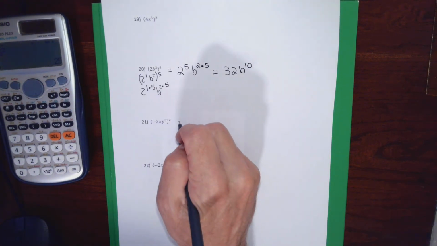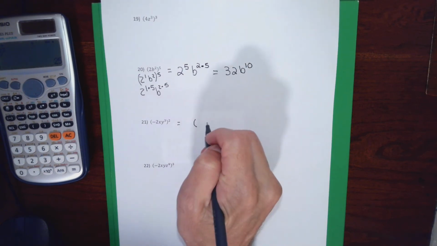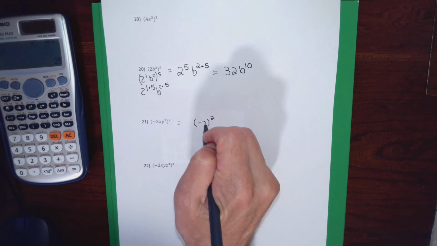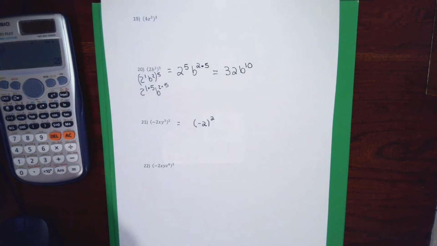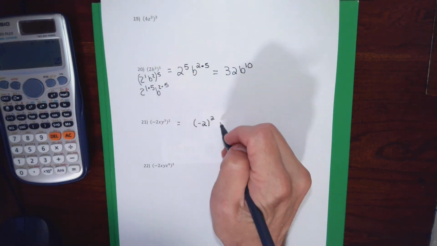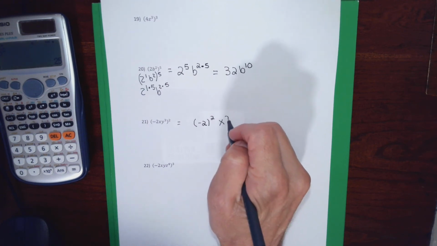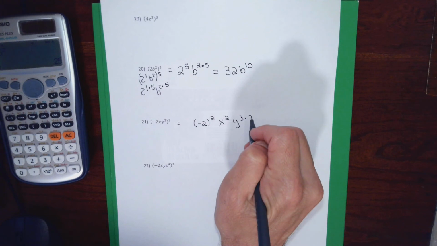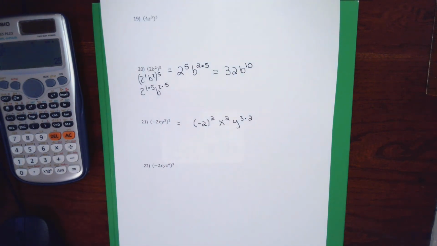In 21, I'm going to attach the exponent to the -2, and I'm going to leave the -2 in parentheses. I'm going to attach the exponent to the x, and I'm going to multiply the exponent of the y. So attach to any number or letter that doesn't have an exponent, multiply by any number or letter that does have an exponent.